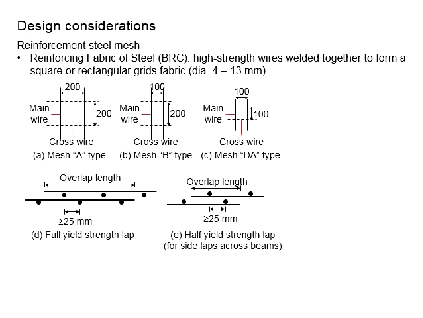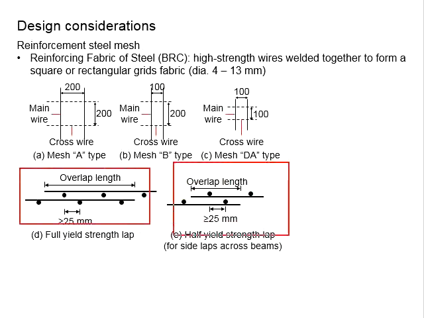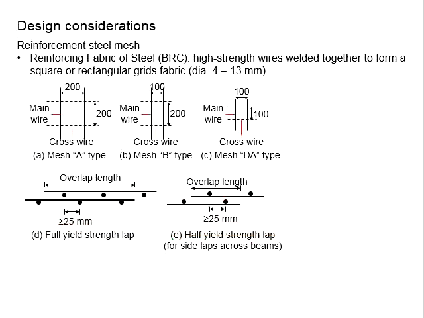The main differences in terms of the lapping are as indicated in the diagram here. They seem to be similar. The biggest difference will be the reference points of that more than 25 mm.